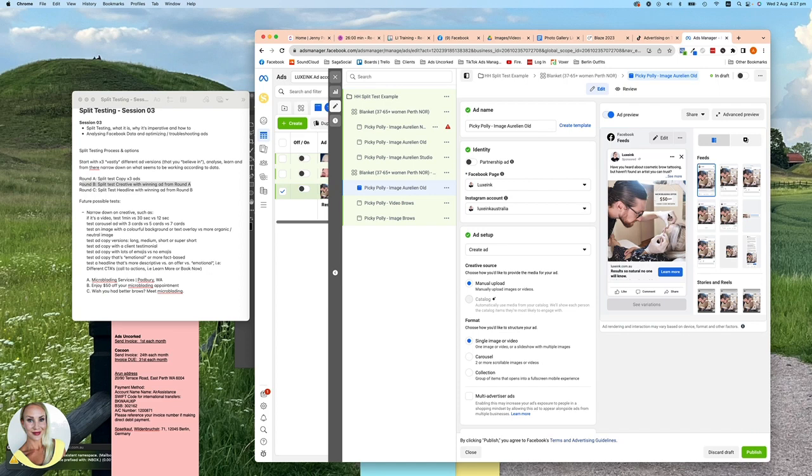Naturally, when you split test the creative, it wouldn't make sense to choose a creative of a young woman in her 20s and split test that with an older woman in her 60s, right? We have to make sure that the creative makes sense as per what we have for our copy. So you want to split test 3 different creatives with older women in it. That's what I mean by choosing relevant creatives.